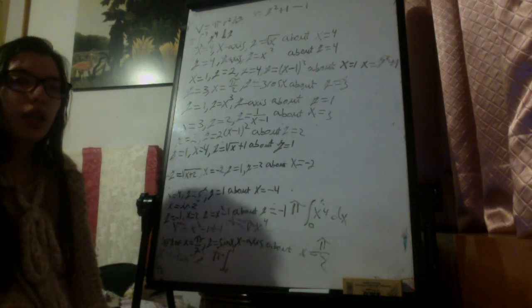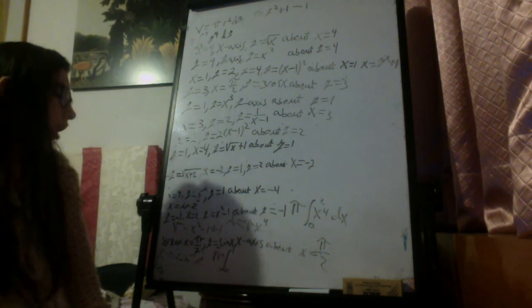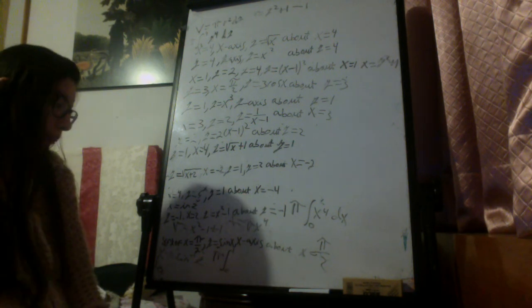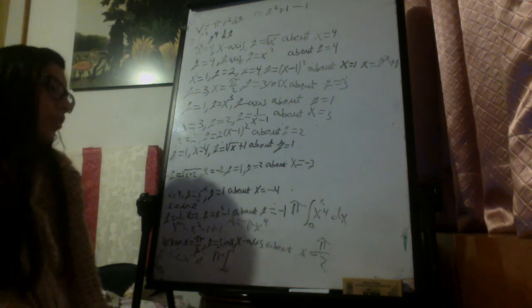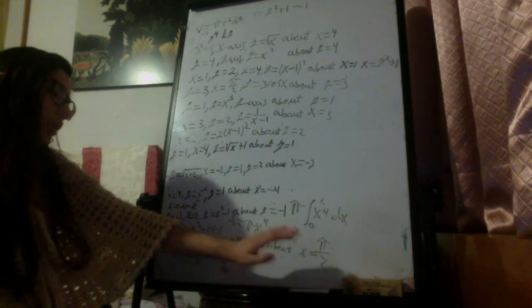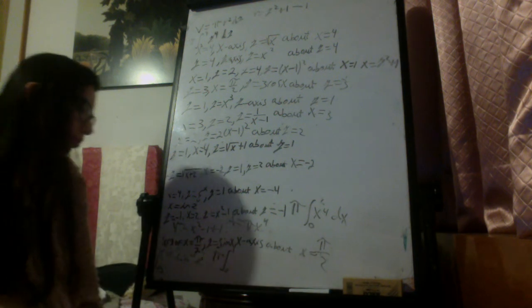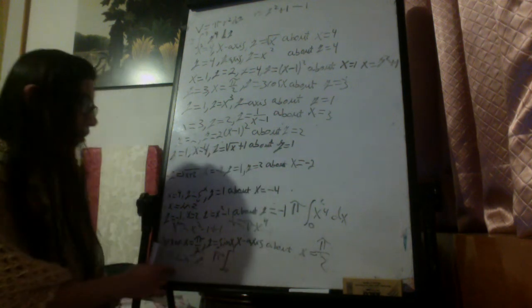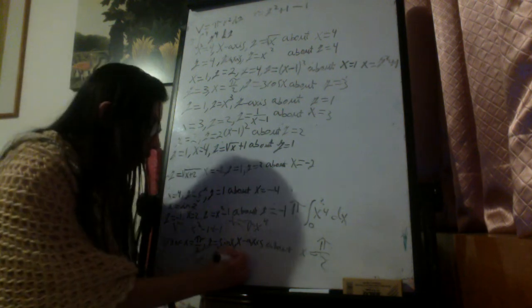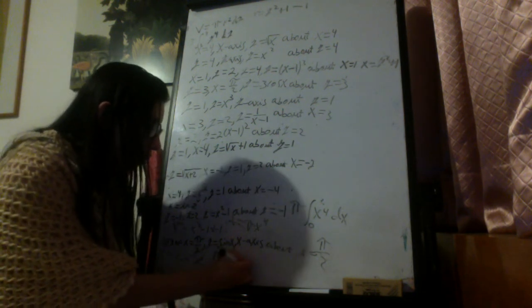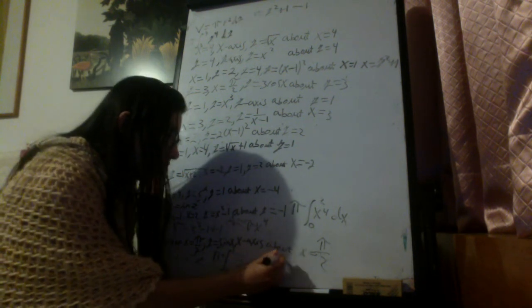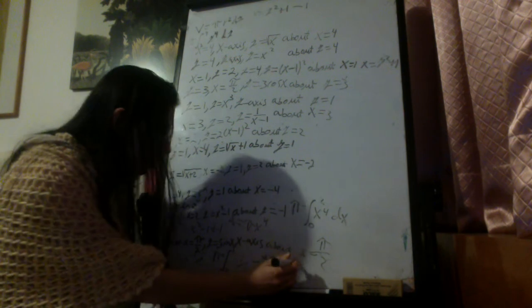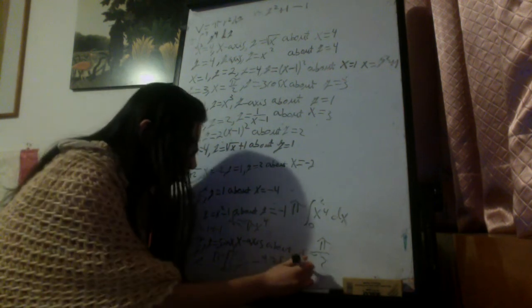Well, we know that the arcsine of 1 is pi over 2, so the arcsine of 0.5 is something less than pi over 2. Compared to pi over 2, this is greater, so we will subtract this from pi over 2. So it will be pi over 2 minus the arcsine of y, all squared, times dy.